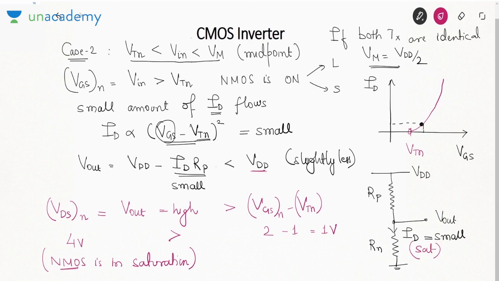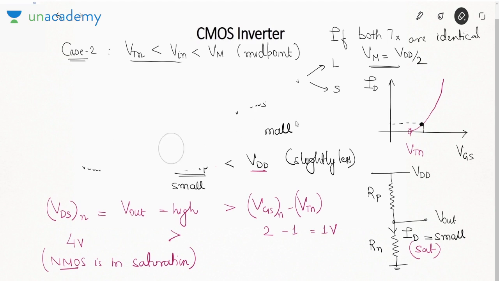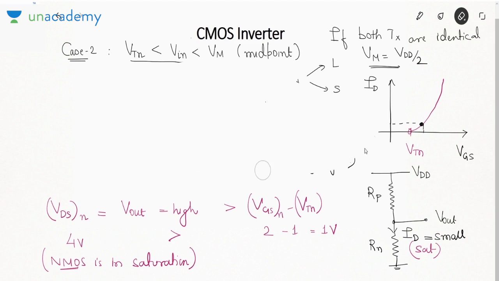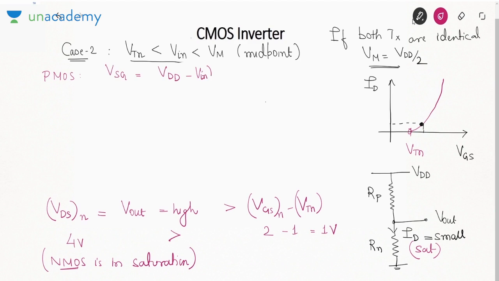Now what about PMOS? When we talk about PMOS, VSG is VDD minus Vin. Now Vin is slightly above Vtn. Suppose I am taking it as 2 volt. 5 minus 2, it is 3 volt.